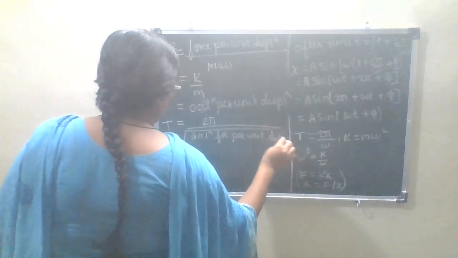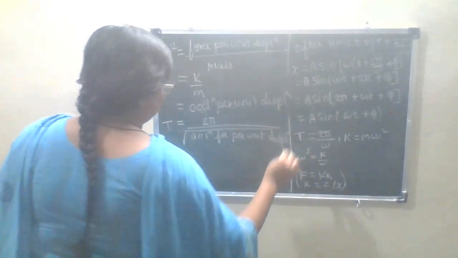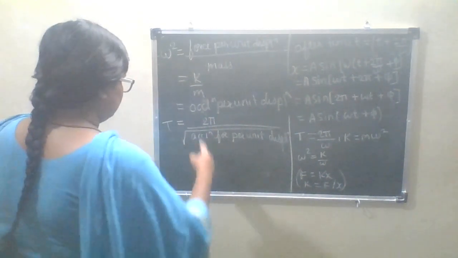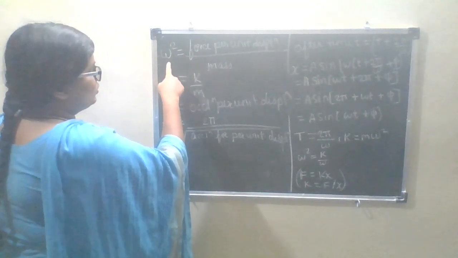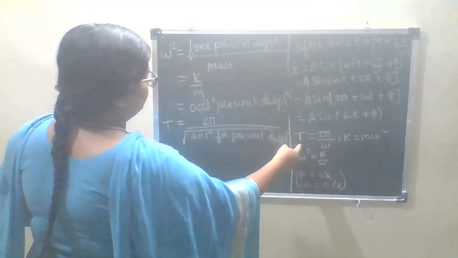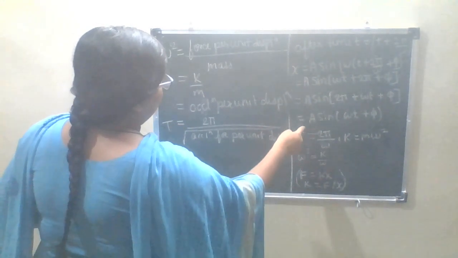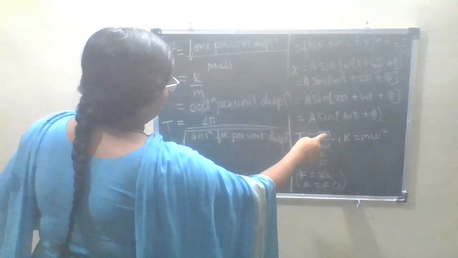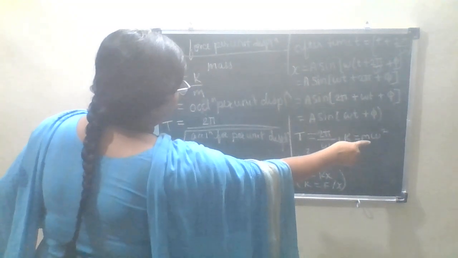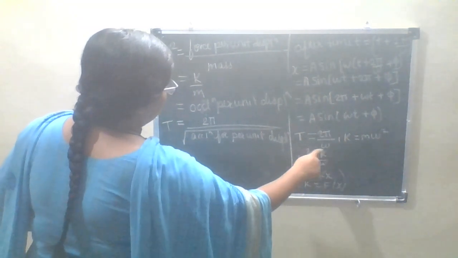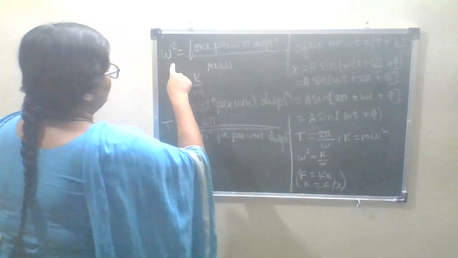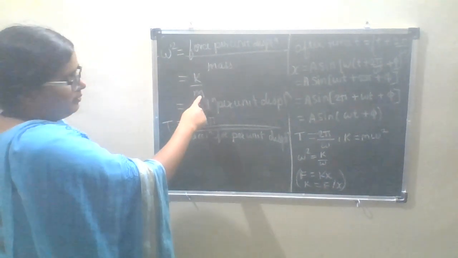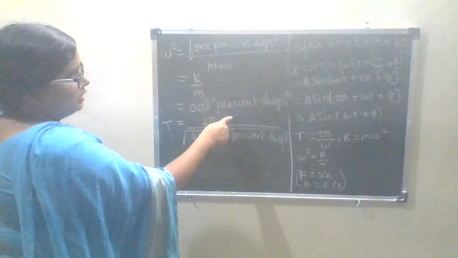From here we have to find the value of T. Here x is a sine omega t plus phi, then T is equal to 2 pi upon omega, k is equal to m omega square, then omega square is equal to k upon m, and omega square is force per unit displacement upon mass, and it is equal to k upon m, which is equal to acceleration per unit displacement.